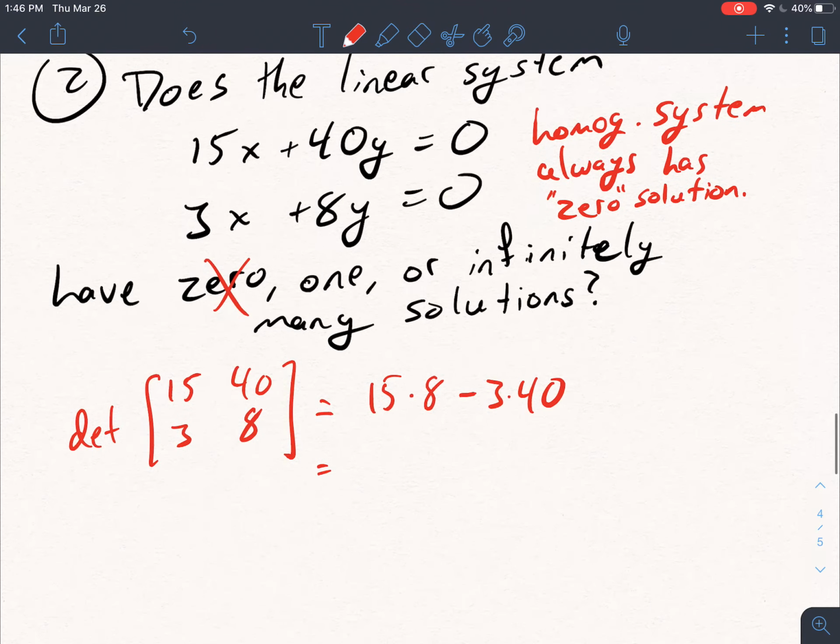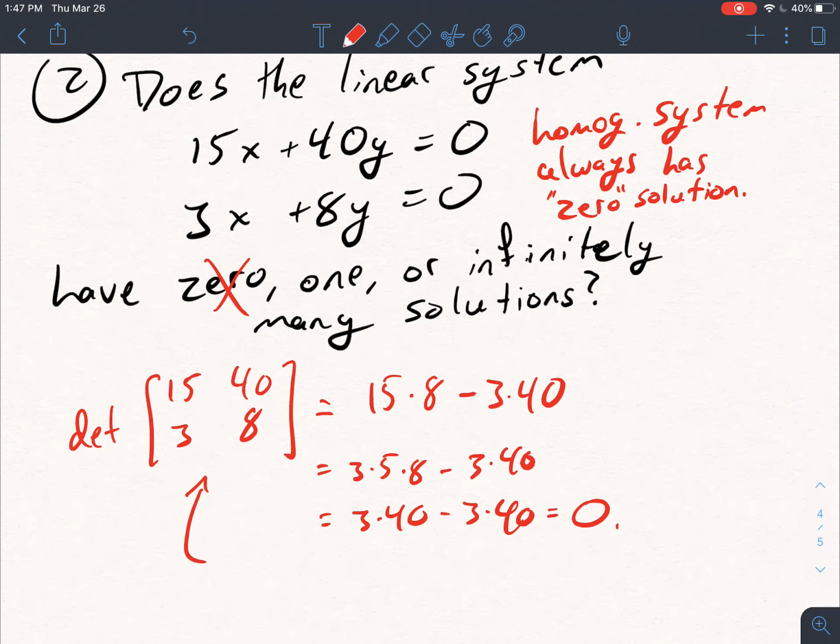15 times 8 is equal to 3 times 5 times 8, which is 3 times 40. So I get 3 times 40 minus 3 times 40, which of course is equal to 0. So this determinant is equal to 0. So this is a singular matrix.